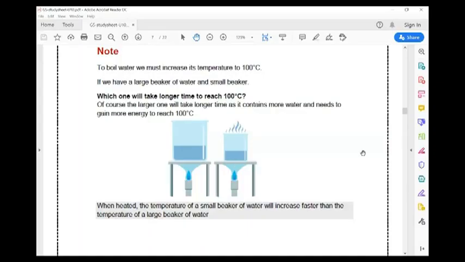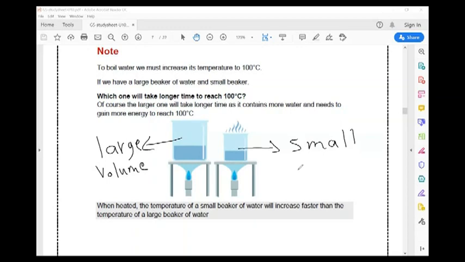As we said before, water boils at 100 Celsius degrees. If you have 2 cups of water, the first one has a large amount of water, or large volume, and this one has a small amount of water, or small volume. And you put them on the fire, you heat them at the same time.